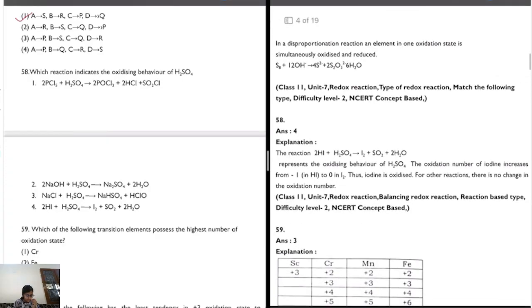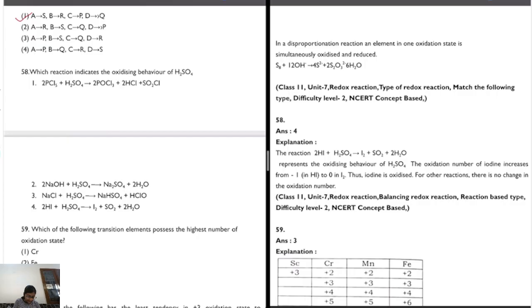in which reaction the oxidizing behavior of H2SO4 is indicated. The oxidizing behavior should be shown. That is, if it should oxidize the species, the oxidation state should increase.